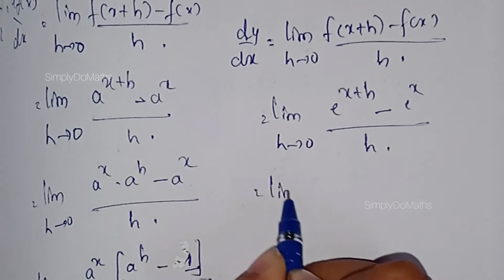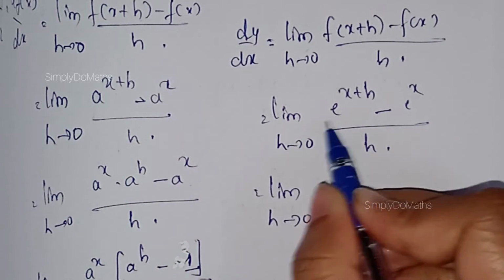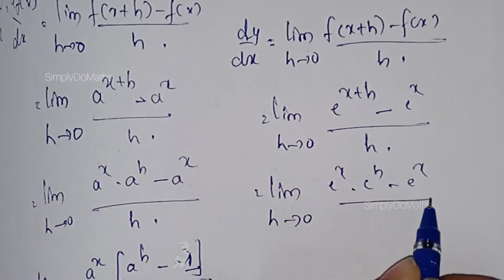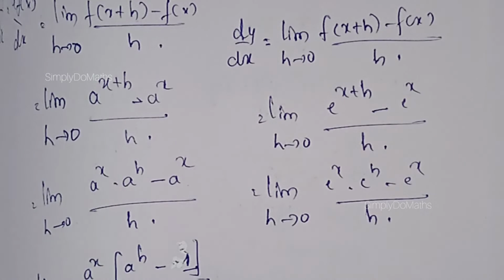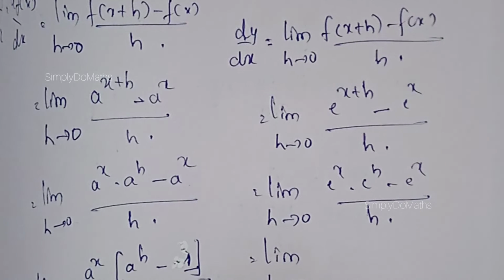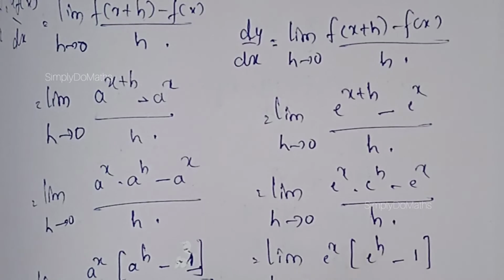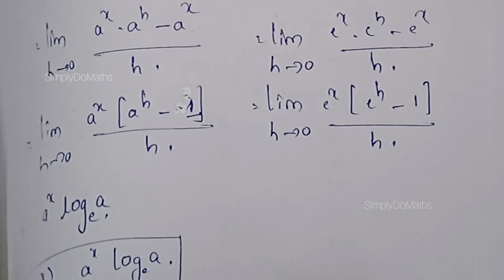Again, limit as h tending to 0, e raised to x plus h can be written as e raised to x into e raised to h, minus e raised to x, divided by h. So we can take e raised to x common from these two terms. Limit as h tending to 0, e raised to x outside, we are left with e raised to h minus 1 divided by h.